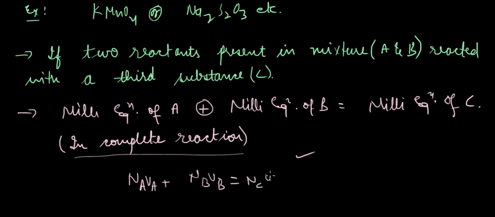So this can be used to know any of the concentrations desired. Suppose we want to know the concentration of A when the concentration of B is known, or vice versa. We can know from this equation.